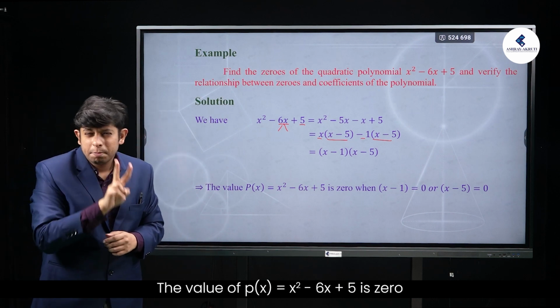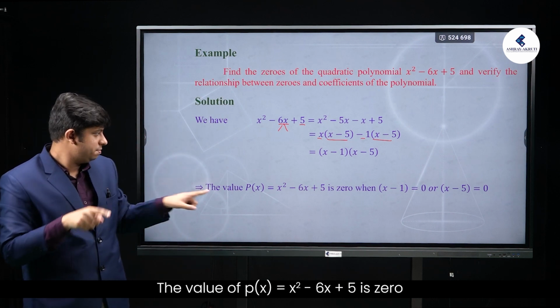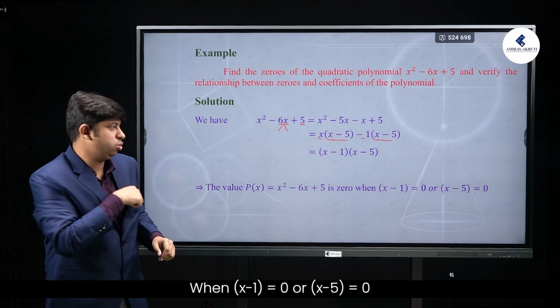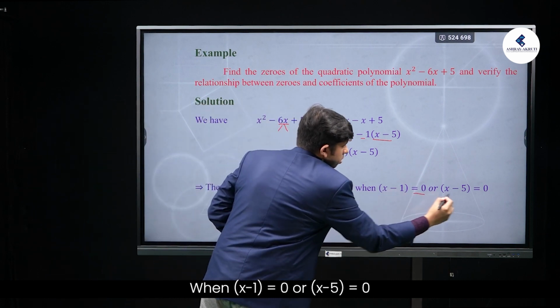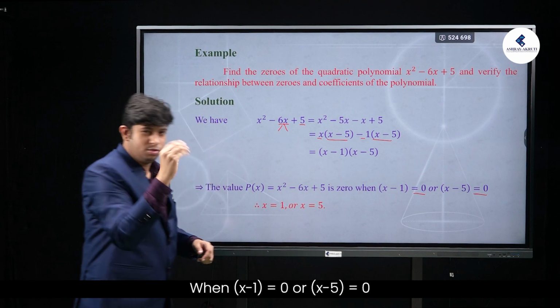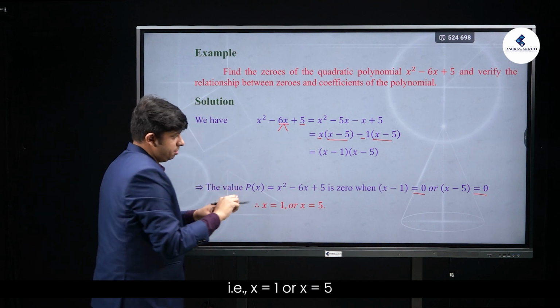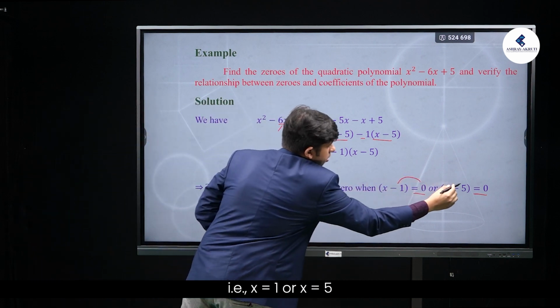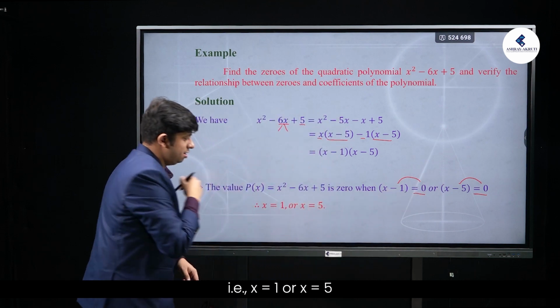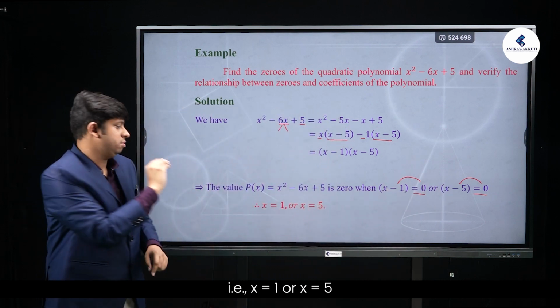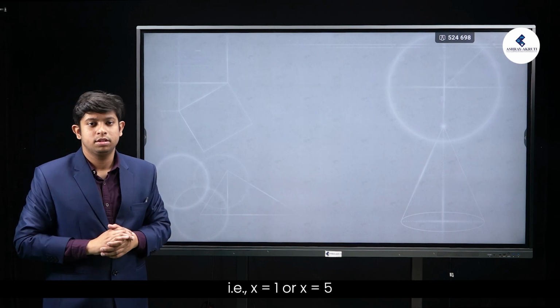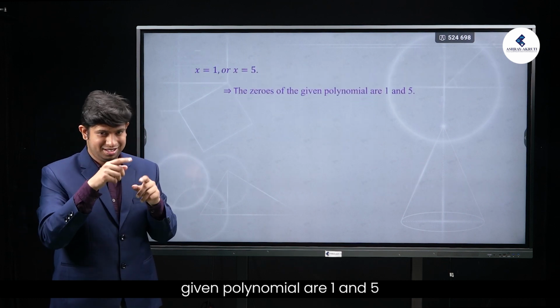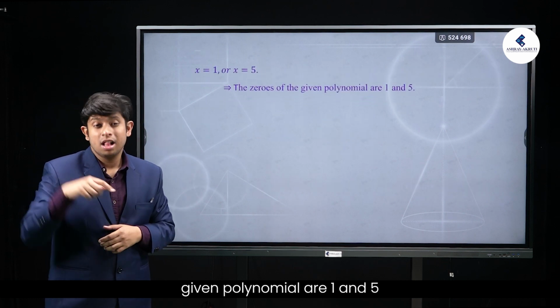The value of p of x is equal to x square minus 6x plus 5 is 0 when x minus 1 is equal to 0 or x minus 5 is equal to 0. That is x equal to 1 or x equal to 5. So, the zeros of the given polynomial are 1 and 5.